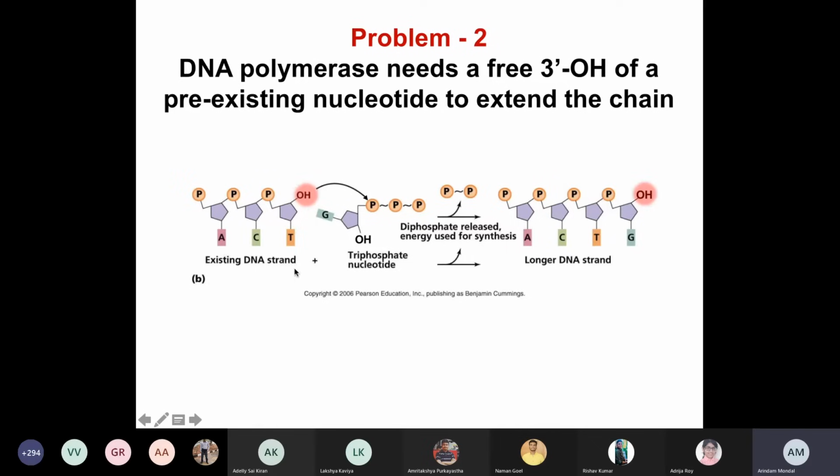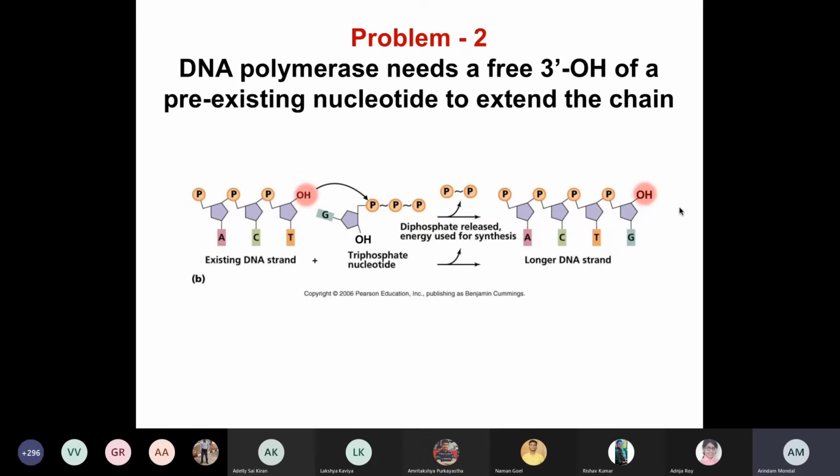There has to be an existing DNA strand with a free 3' OH, and that 3' OH can perform a nucleophilic attack on the alpha phosphate so that it releases the diphosphate moiety and incorporates the incoming nucleotide, generating another new phosphodiester bond and a 3' OH, which can then participate in the next phase of polymerization, right?